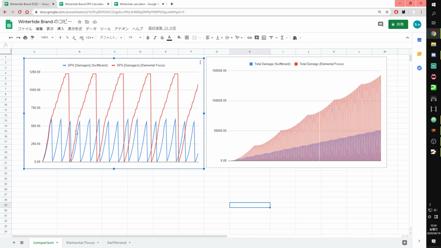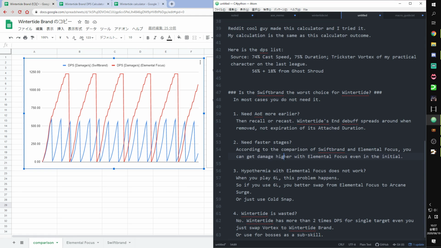This is the outcome. This is a calculation from my friend, and I agree with him. So Swiftbrand Support is not efficient even for this reason.